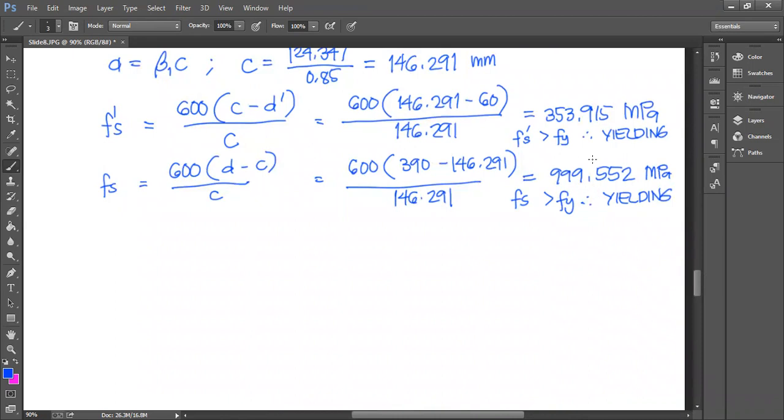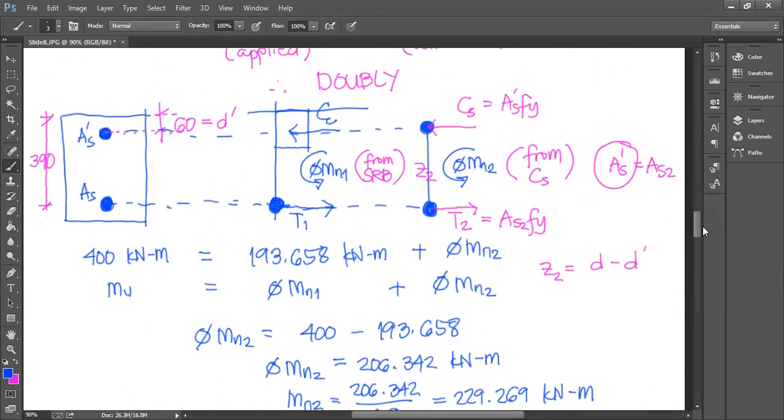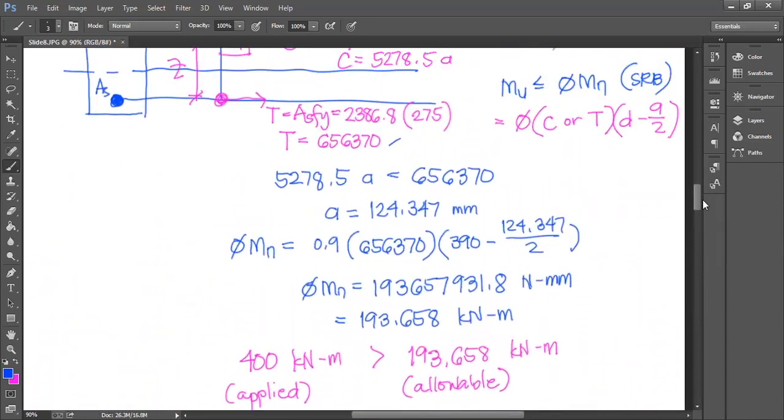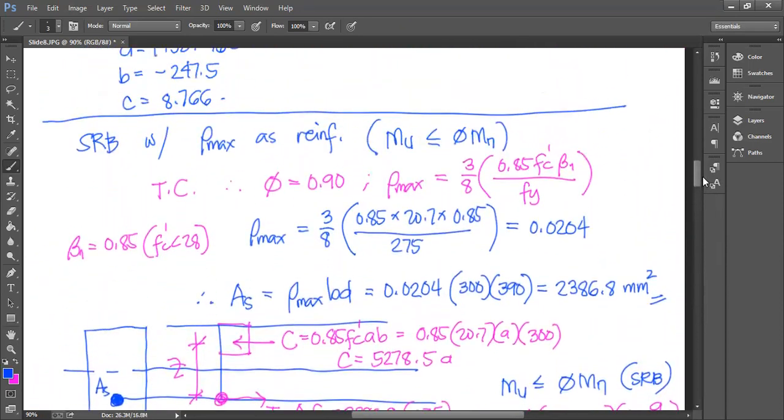Kung mapapansin nyo na 999.552 yung lumabas. I-consider pa ba natin na this is in transition? Hindi na. Kasi yung 999.552, pwede na natin sabihin na this is already 1,000. Kasi, initially nung nag-design tayo, ang ideal condition natin is tension control.